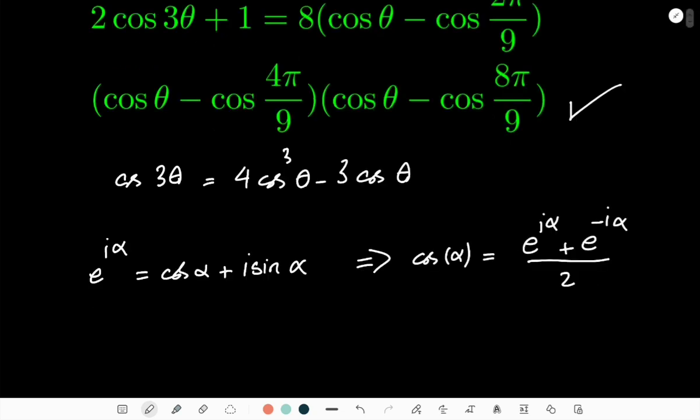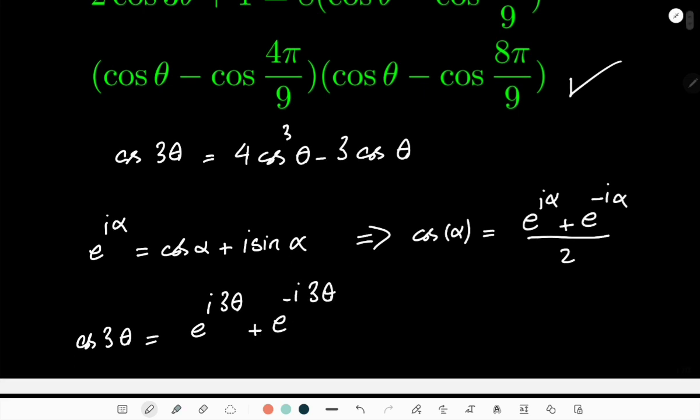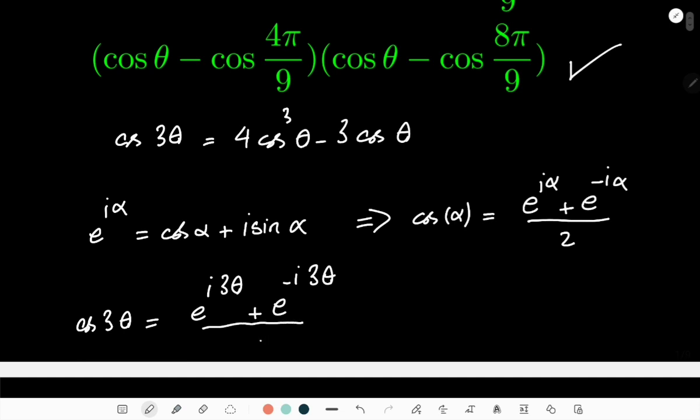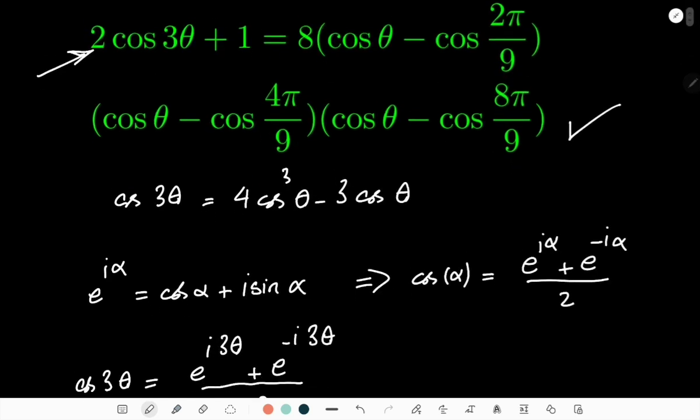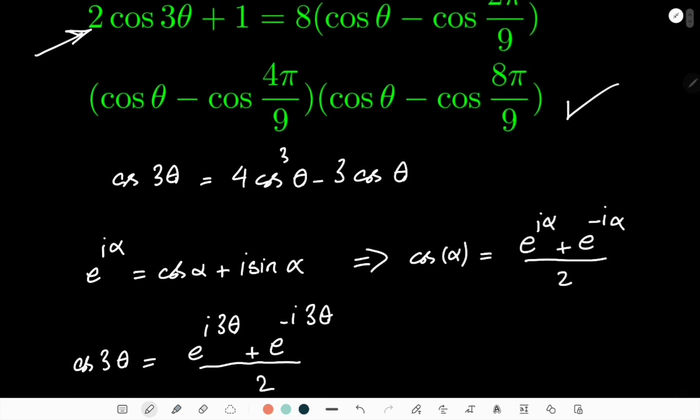Therefore I will get cosine of 3 theta is equal to e to the power of i 3 theta plus e to the power of minus i 3 theta divided by 2, right? And if I want to reach this expression, I just multiply both sides by 2 and add a 1.